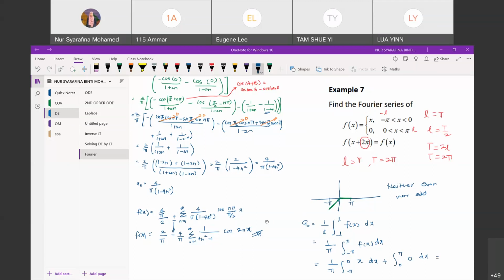And then An, how to find An? An is still 1 over L, integral from minus L to L of fx cos n pi x over L. Same process, right? Try to find it.